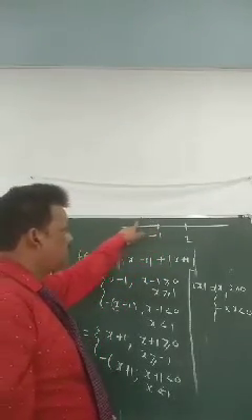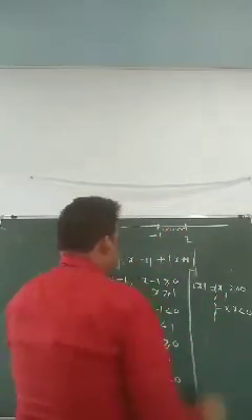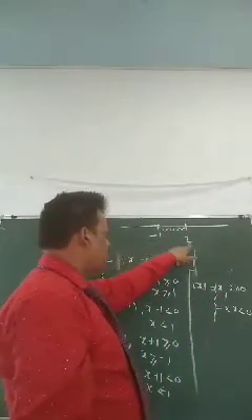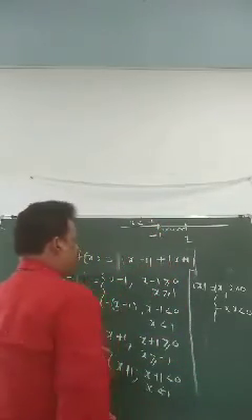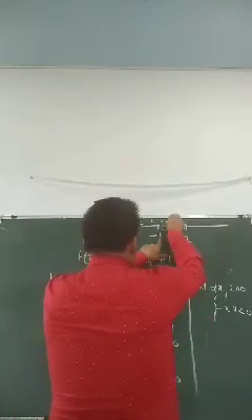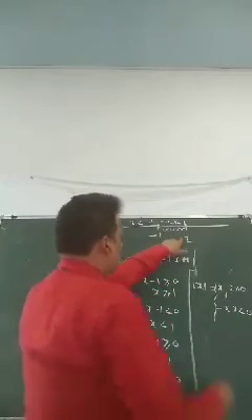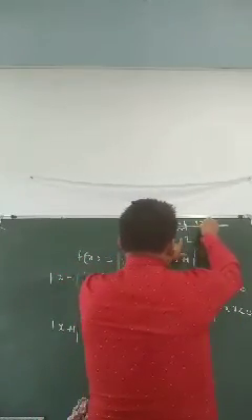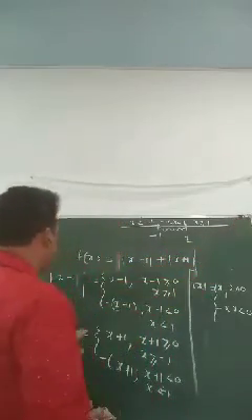That means you are going this side. Other part is between minus 1 and 1. This is x less than minus 1. This is minus 1 less than x less than 1. This part is x greater than 1. 3 parts. Okay.